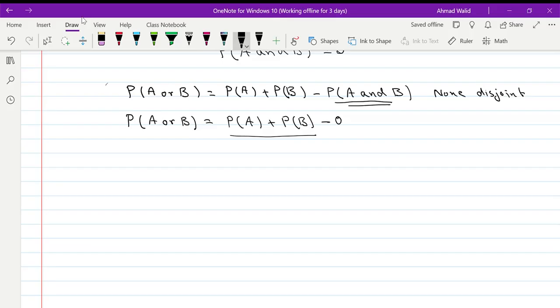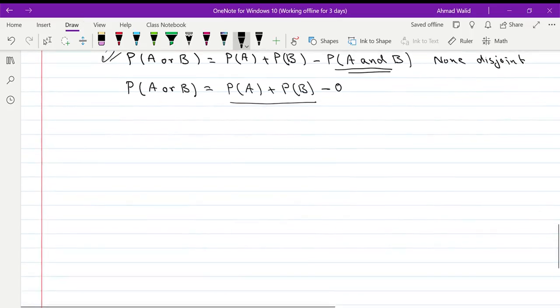It works for both of them. The only difference is when you read the problem, you take your decision. You think, is this example disjoint or non-disjoint? If it's disjoint, immediately the last part of the formula, probability of A and B, becomes 0. If it's non-disjoint, then you always have to subtract your overlap, like the example of the court.